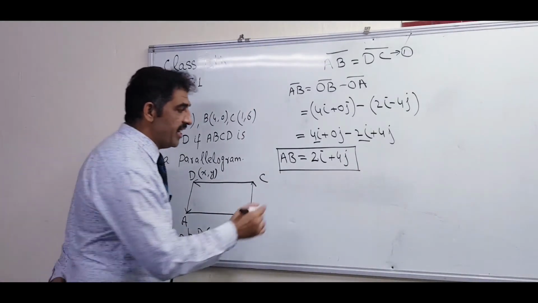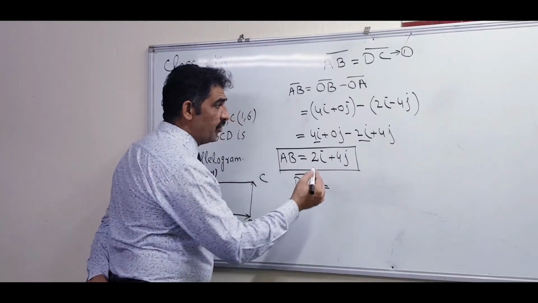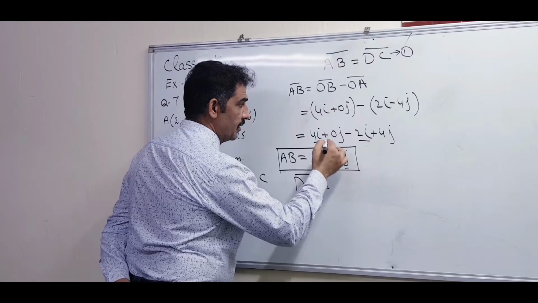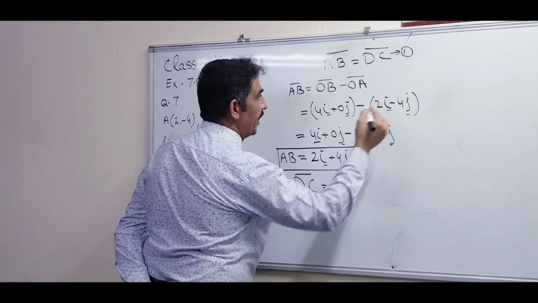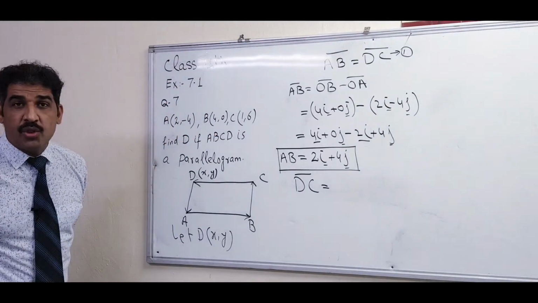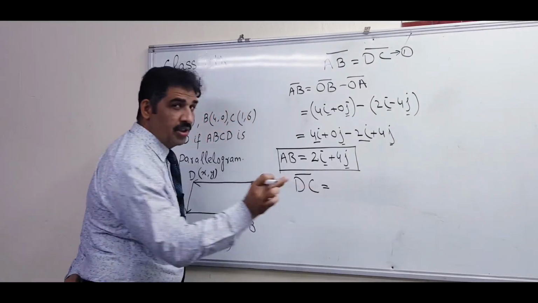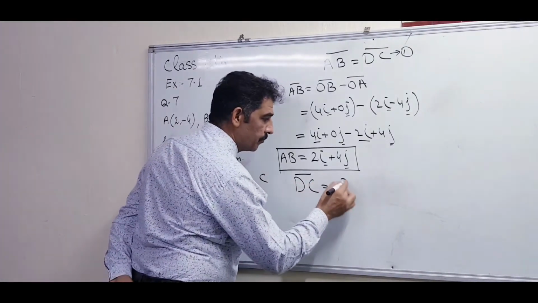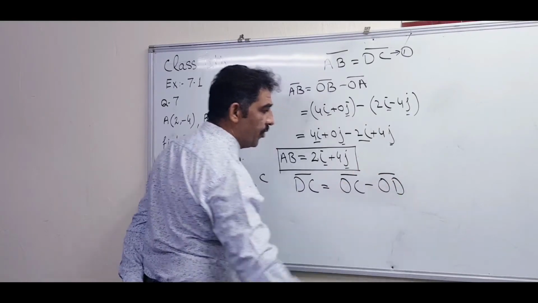Now we have to find DC. How to find DC? They are also unit vectors, so you have to apply the notation of unit vectors compulsorily. So DC is equal to OC minus OD. What comes last you have to write first. OC minus OD.